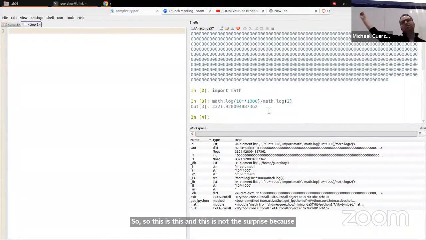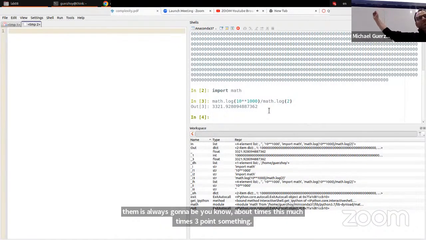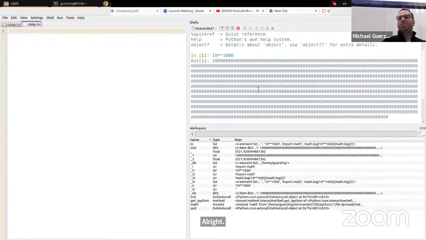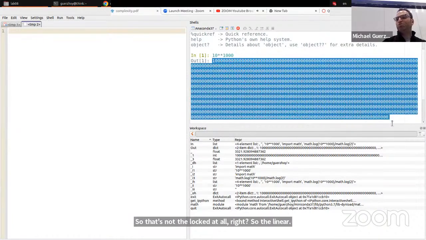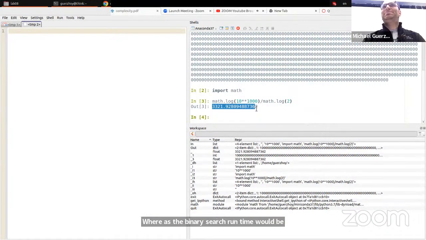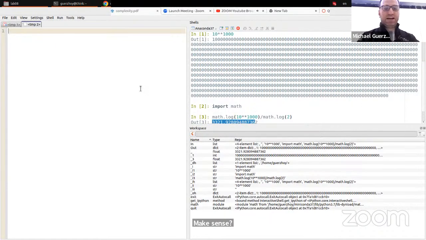So the base 2 logarithm is always going to be about 3 point something times the base 10 one. So that's not a lot at all, right? The linear runtime would be proportional to this, whereas the binary search runtime would be proportional to this. That's a big difference. Make sense? So that's a big deal.